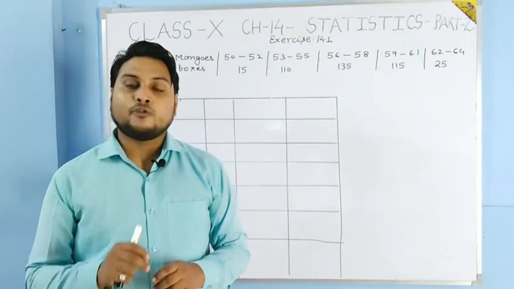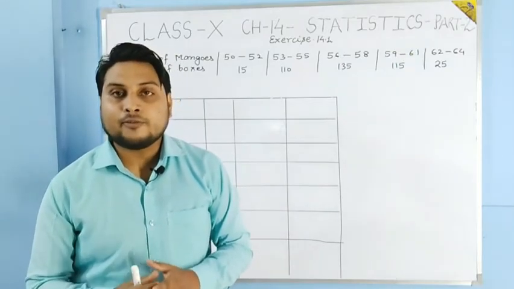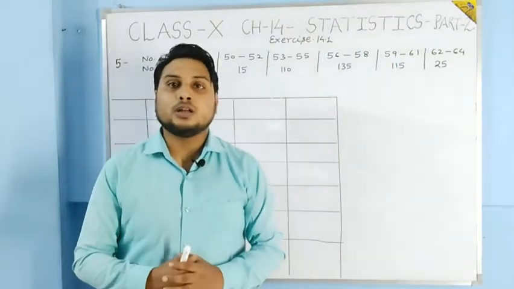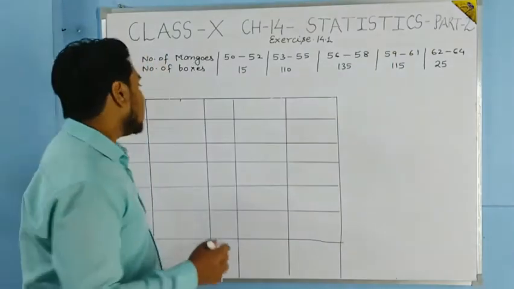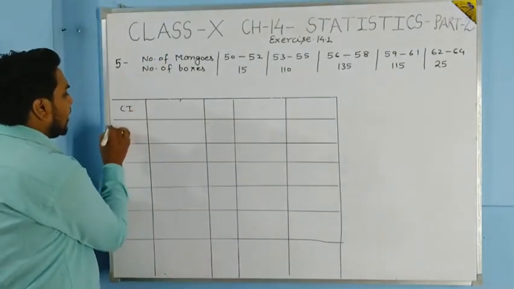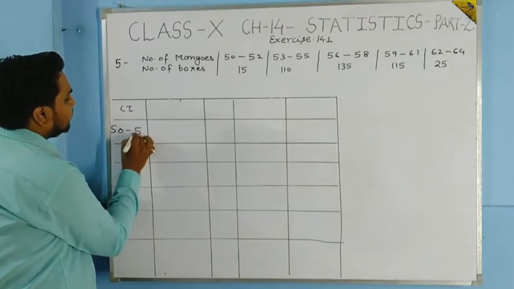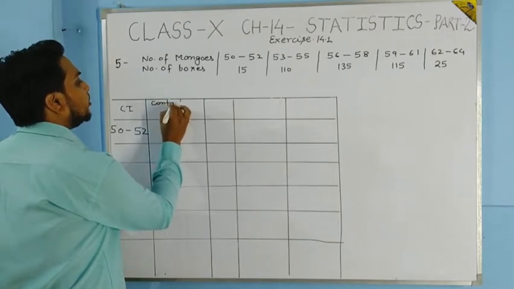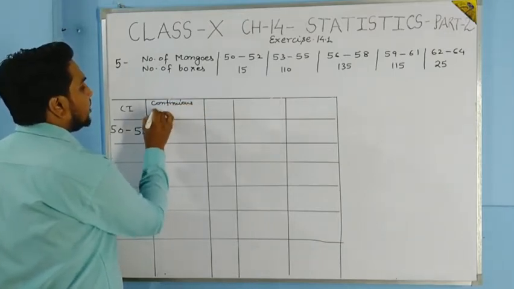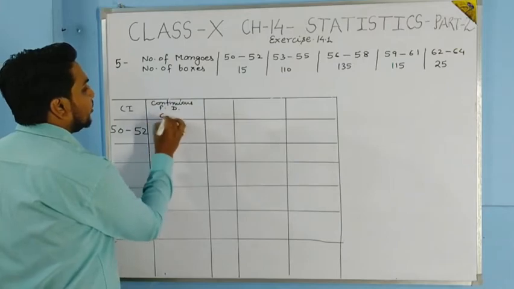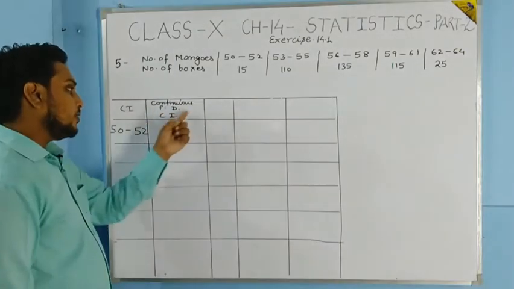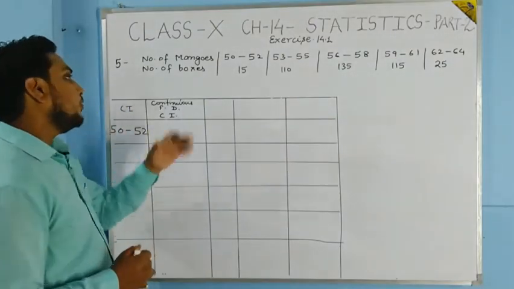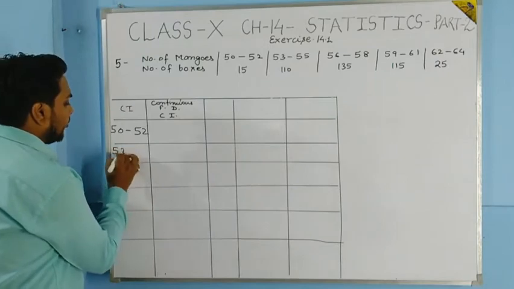So students, before solving the question, firstly we have to make it a continuous frequency distribution, and then we will solve the question. The class interval is given like 50 to 52, and the next is 53 to 55.